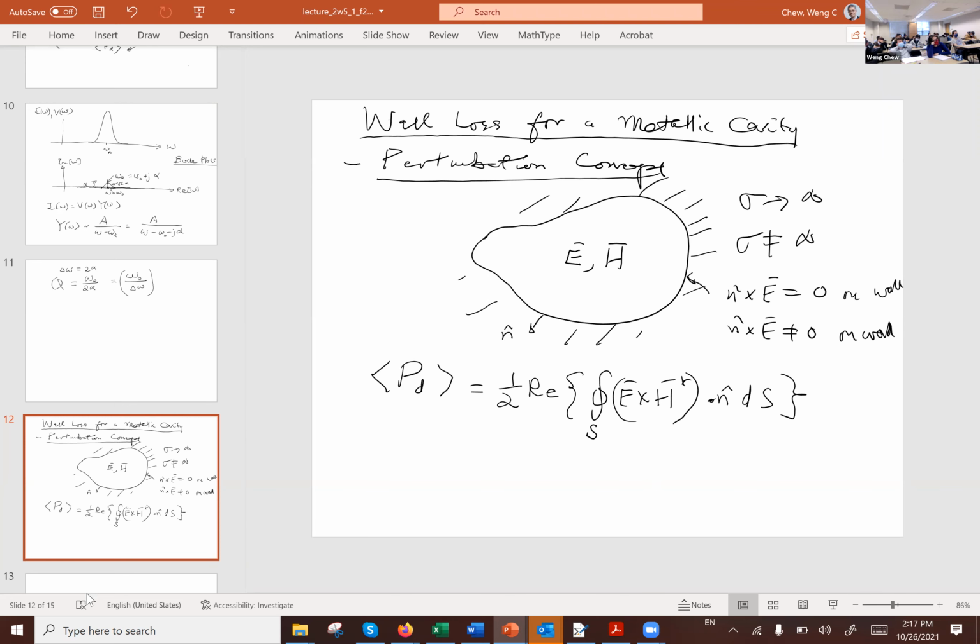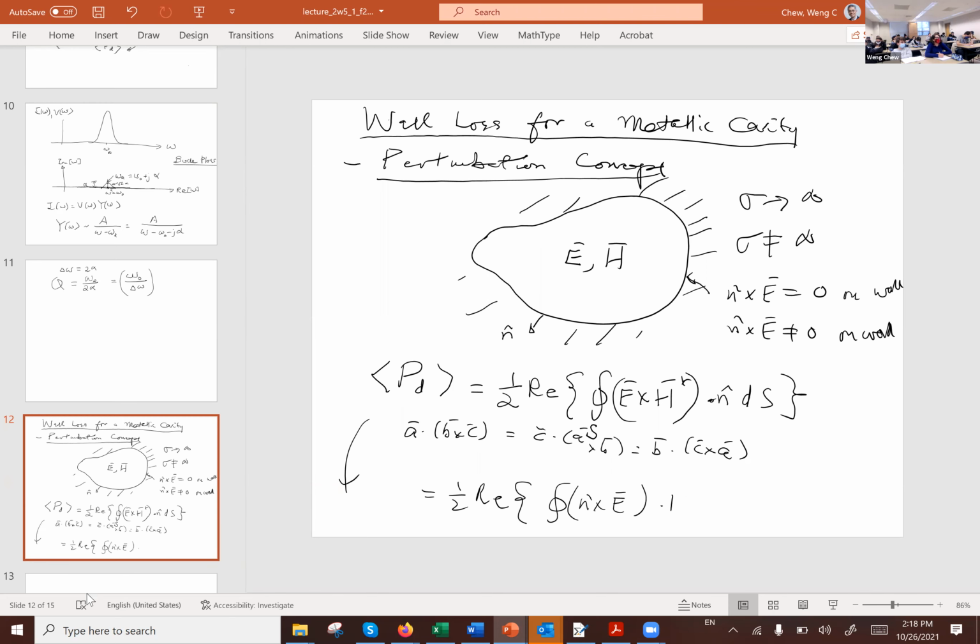So I'm going to use a cyclic property that we have learned many times over, that A dot B cross C is equal to C dot A cross B is equal to B dot C cross A. I'm going to rewrite this in a more suggestive fashion so that it becomes N cross E dot with H star.